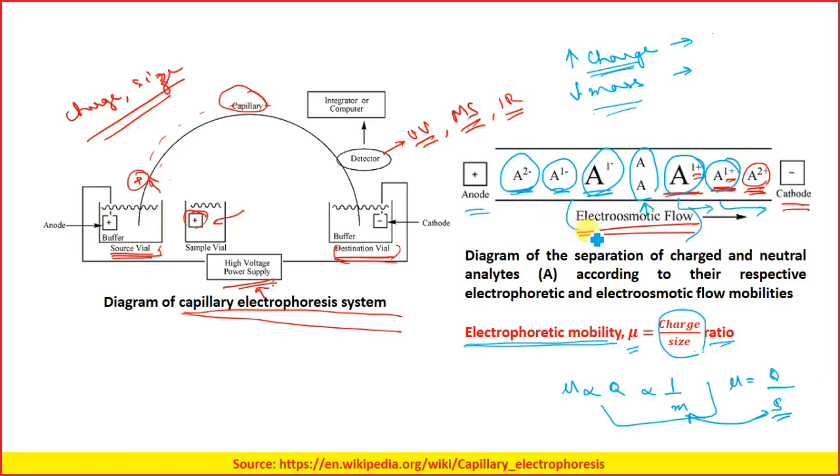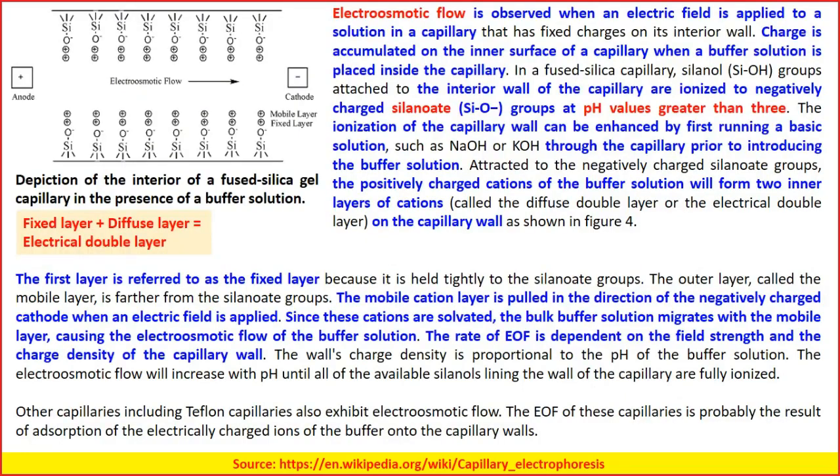So what is happening over here? This distribution is due to the electroosmotic flow. Now when we put the sample within the capillary, it is intentionally kept at a pH greater than 3.